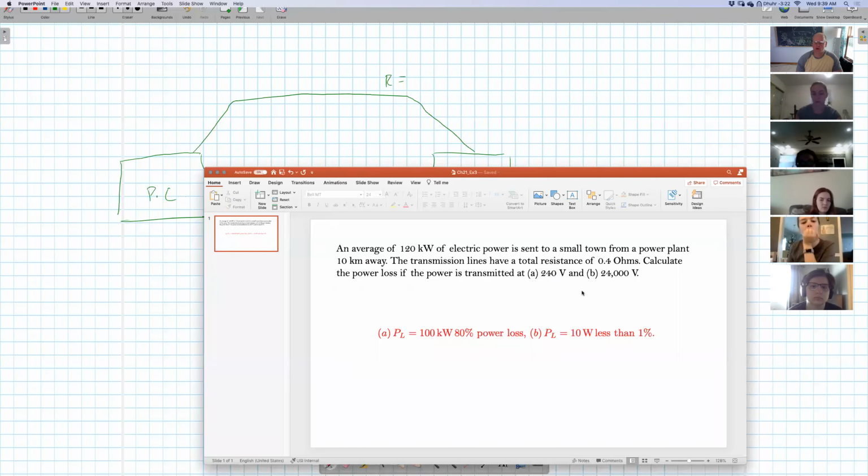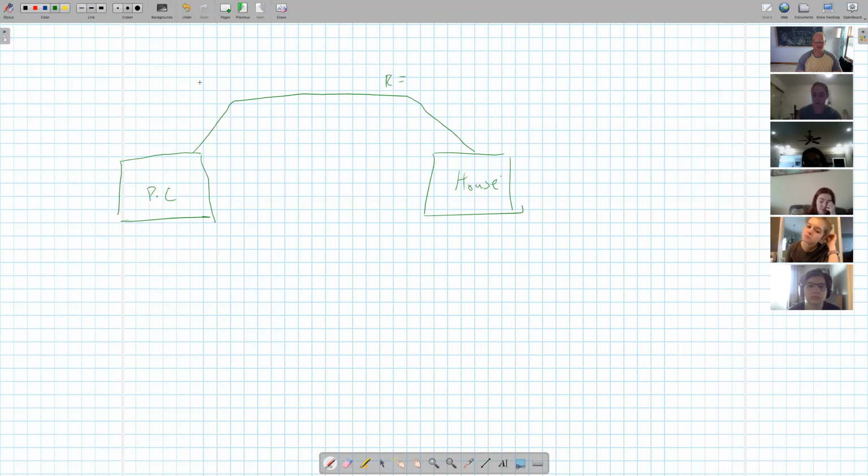We want to know what is the power loss in transmission if we create 240 volts at the power company and then send that 240 volts across the wire to your house, or if we send 24,000. So the power company is creating a power equal to 120 kilowatts. We're going to go some distance.